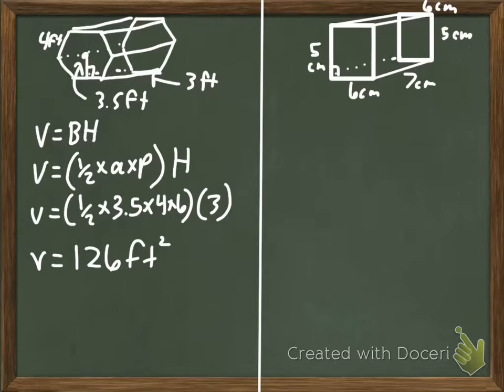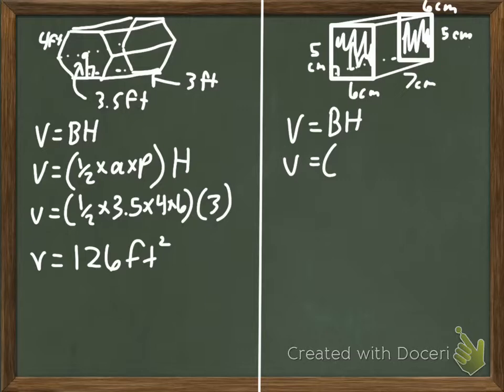Okay, now I'm going to do the one on the right. This is a rectangular prism, which means I get to pick the base. Well, I want this to be the base, so these are our bases. So that means we're still going to do area base times height. Area of a rectangle, because that's what that is: base times height, and then we're going to multiply our capital height.